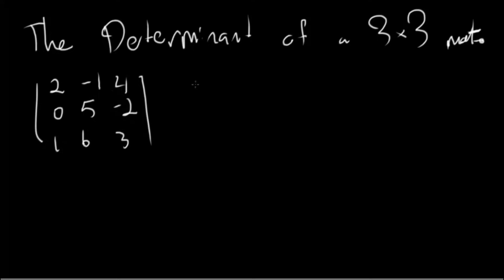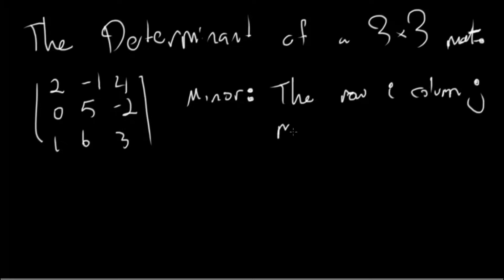So the first thing I need to do is define some words. I'm going to define the word minor. A minor is the row i, column j minor. So there are 9 minors in this matrix here. The row i, so like row 2, column 3.